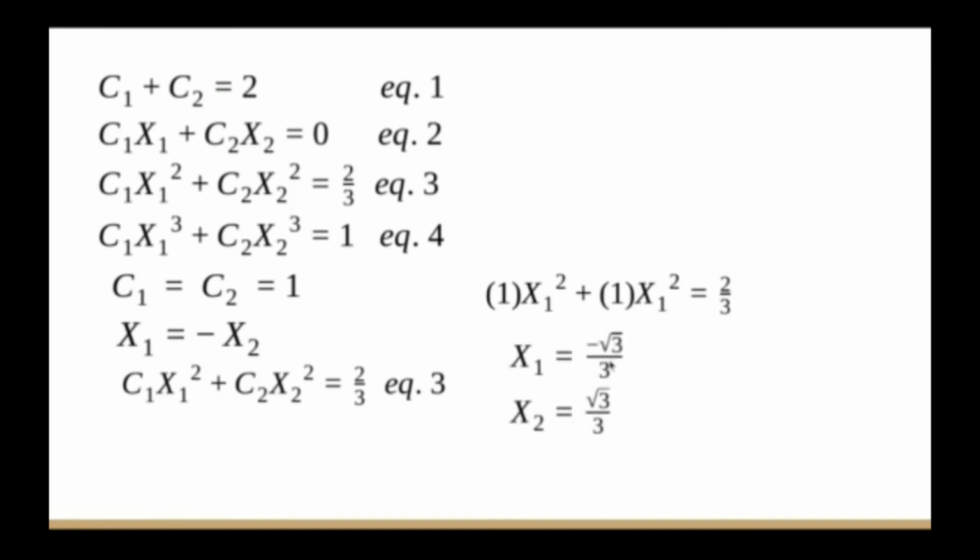So we get x sub 1 is equals to negative square root of 3 over 3, and x sub 2 is square root of 3 over 3.